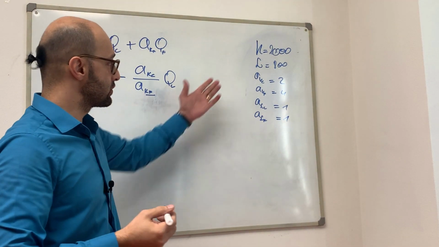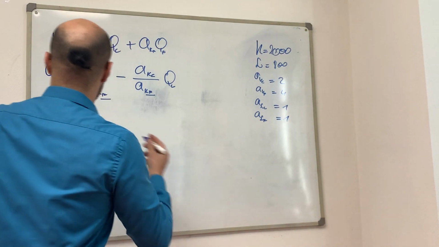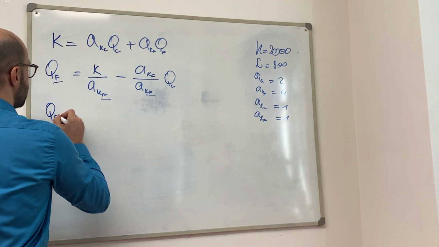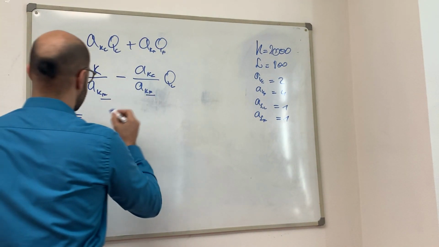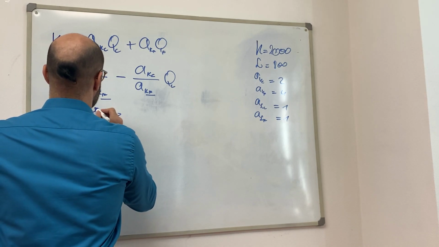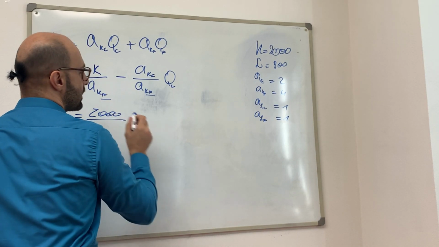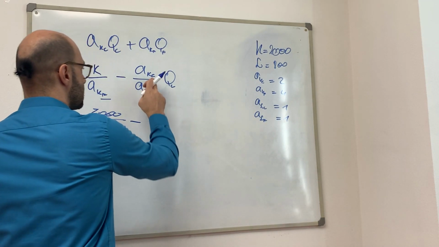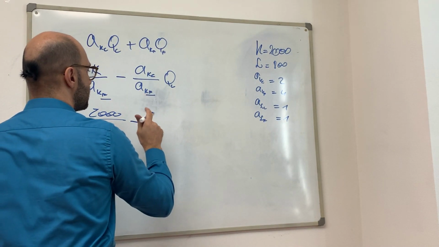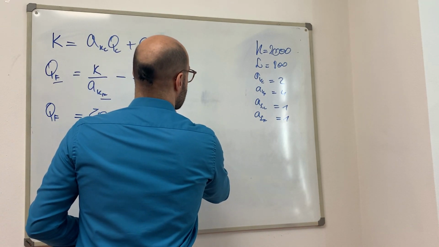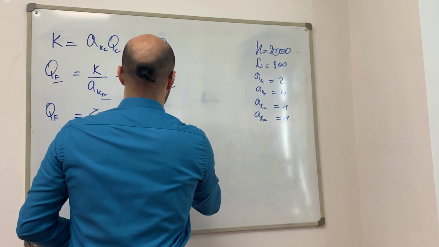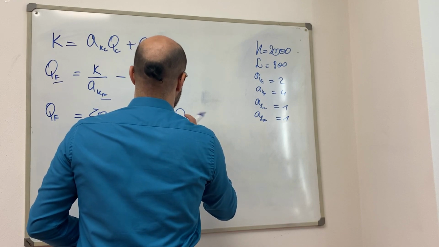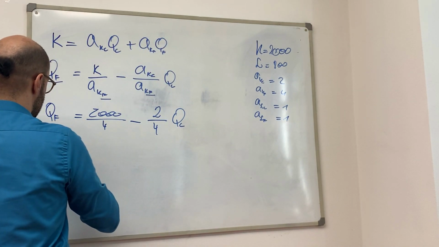So now this enables you to just plug in these values. So we go for QF equals total amount of capital, which is 2,000, over amount of capital in food, which is 4, minus amount of capital in cloth over the amount of capital in food, which is 2 over 4, times the quantity of cloth.